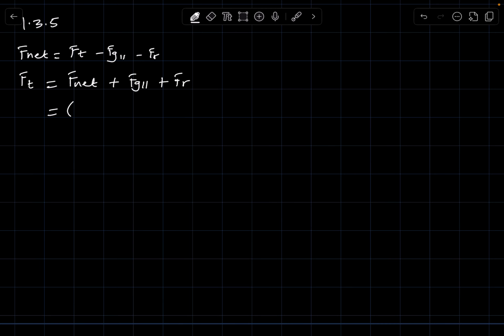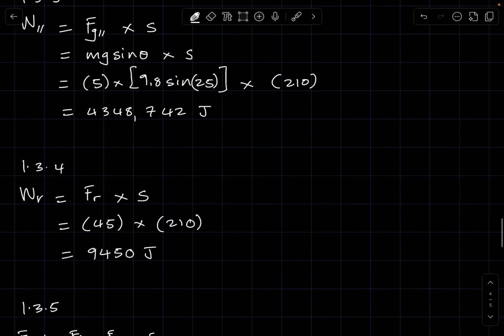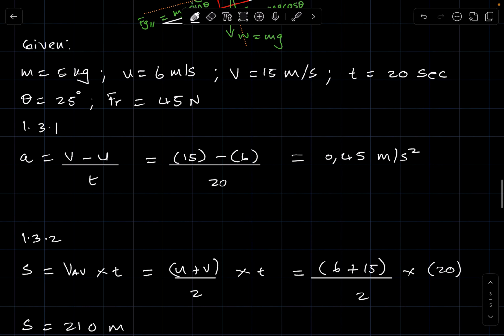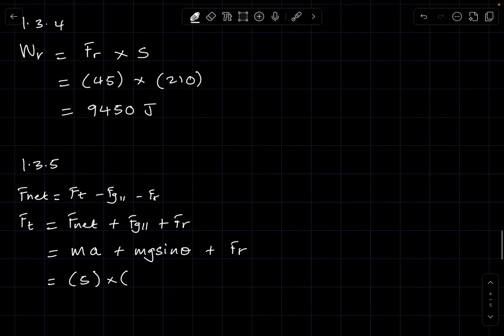F net is equal to, from Newton's second law of motion, ma, plus Fg parallel, which is mg sine theta, plus Fr. Now you substitute. Mass is 5 kgs. We calculated the acceleration in 1.3.1, it is 0.45.